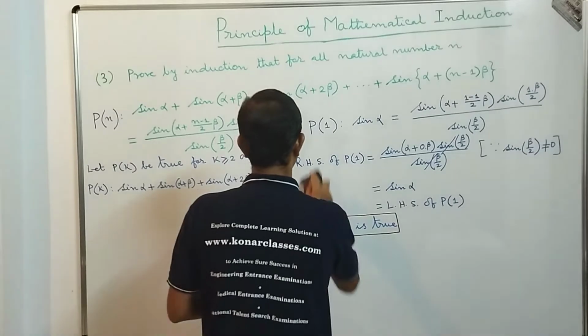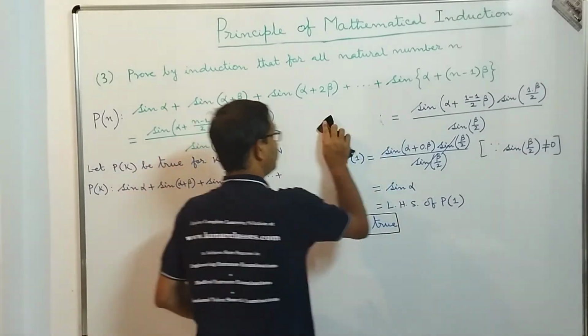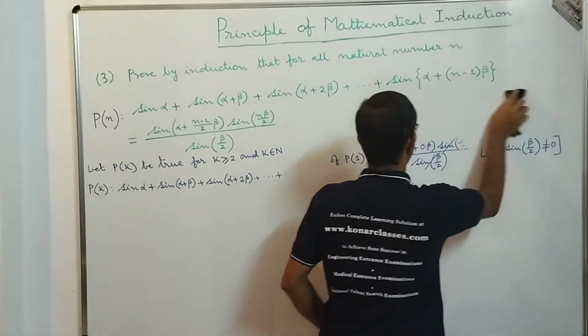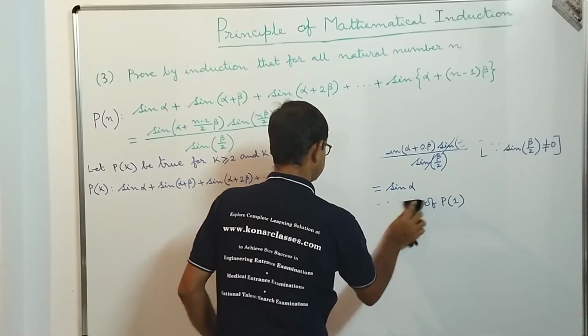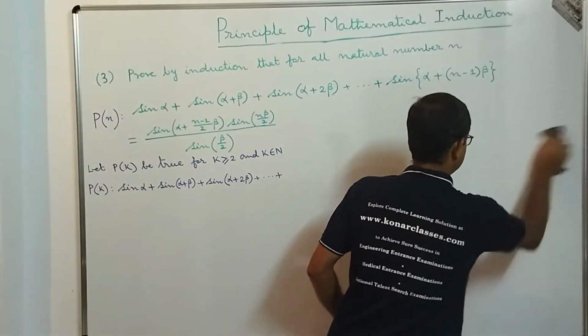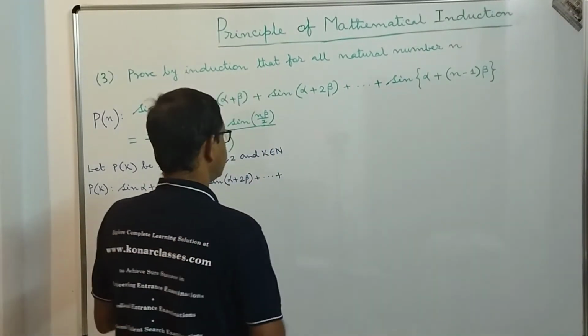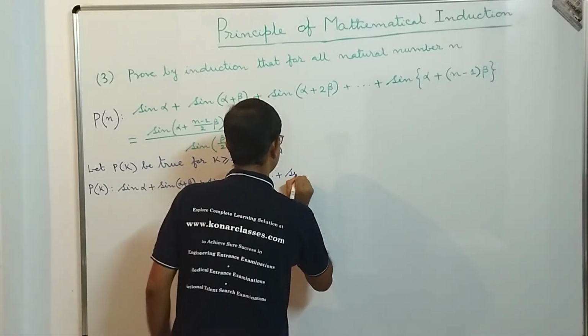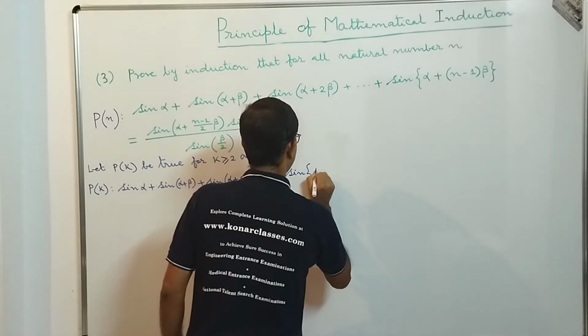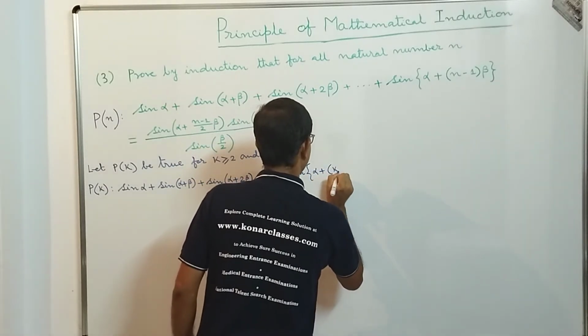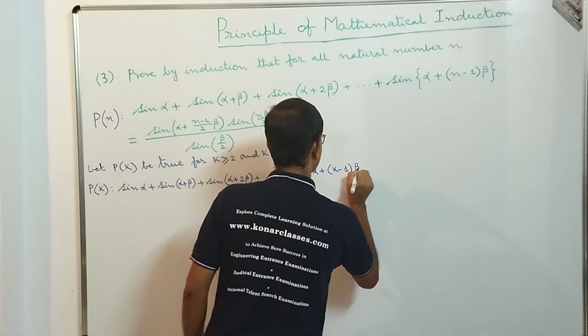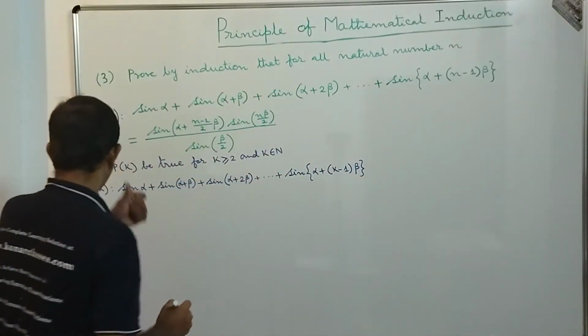Let me remove this portion. We have already proved that P1 is true, so you can remove this portion. So what we get here is plus sine alpha plus k minus 1 into beta, and that is equal to what?